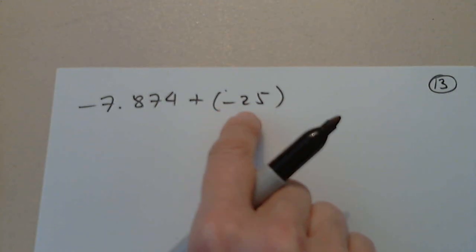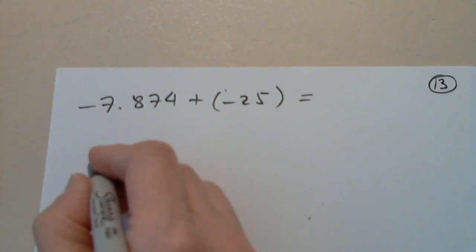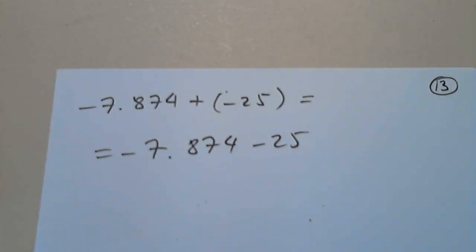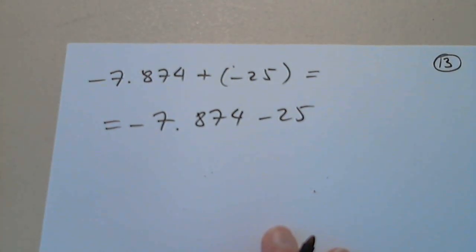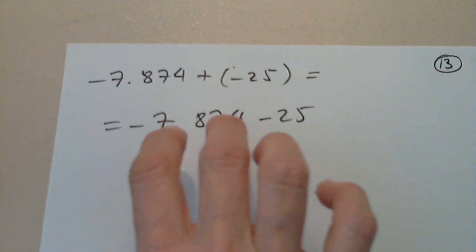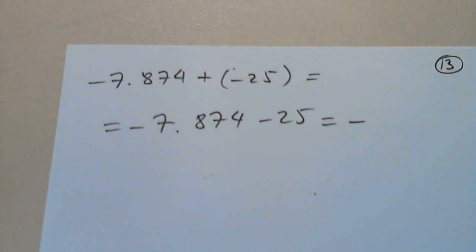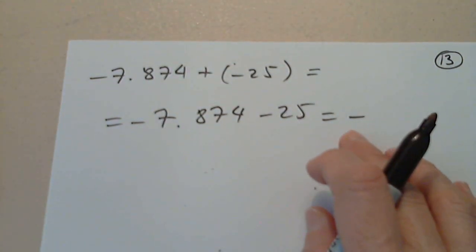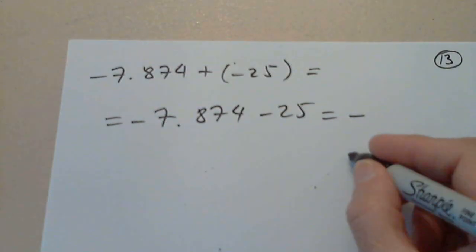So this is negative 7.874 minus 25. This is an easy situation. Yes, I allow calculators, but it's important to understand this. Because both numbers are negative, I'm going to add them.